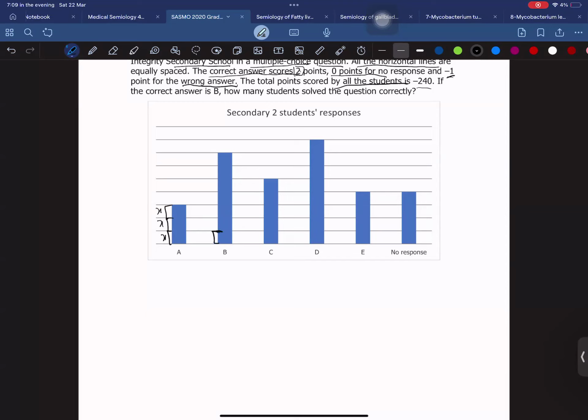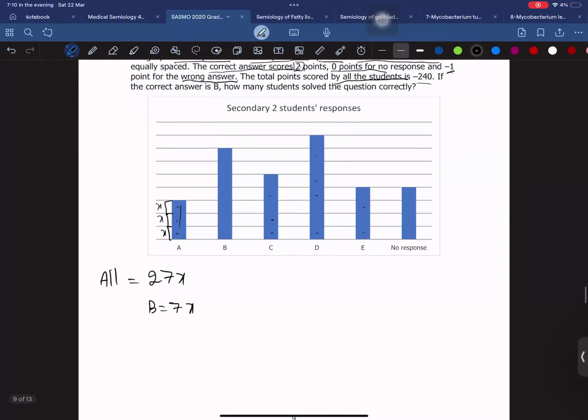Counting the bar heights: 2, 4, 5, 7, 10, 12, 14, 15, 17, 19, 20, 23, 25, 27. So it's 27x in total, and the correct answer is B, which equals 7x.